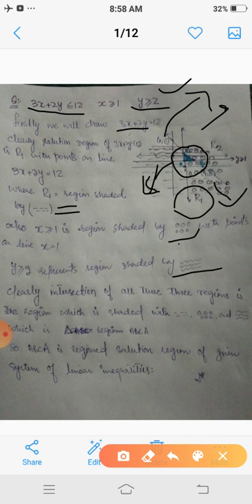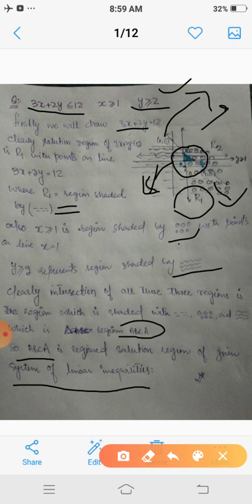So this closed region A, B, C, A represents the solution of this system of linear inequations in two variables, because this is the only part of the plane which is the intersection of all the three regions represented by these three linear inequations. This is the required solution region of the given system.